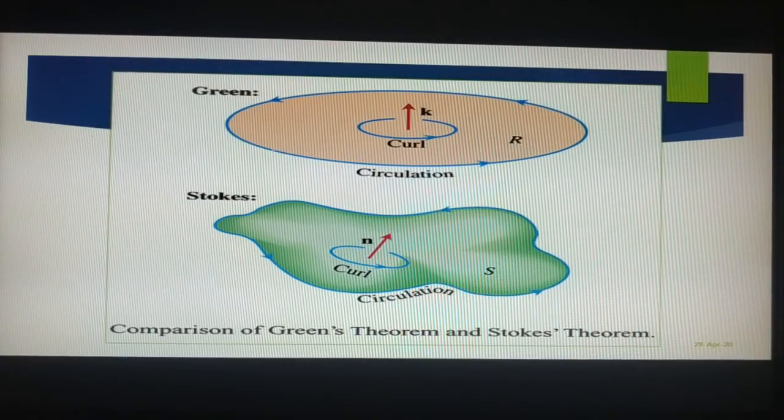See, in our Green's theorem, do you remember how we learned? I just took two dimensions, F bar equal to Mi plus Nj, and dr is equal to i dx plus j dy, isn't it?